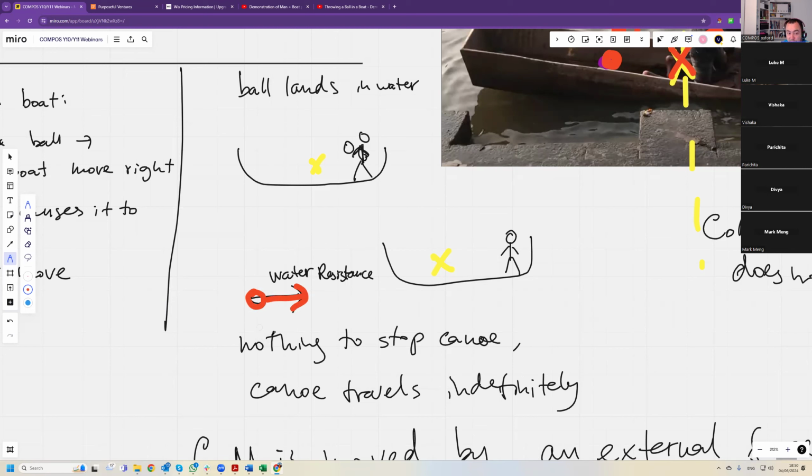And that external force causes the center of mass of the system to move to the right. Not by actually moving the boat, but preventing the ball moving left. That's how it does that. Because there are two ways you can move the center of mass. If you stop something, that causes a movement in center of mass.